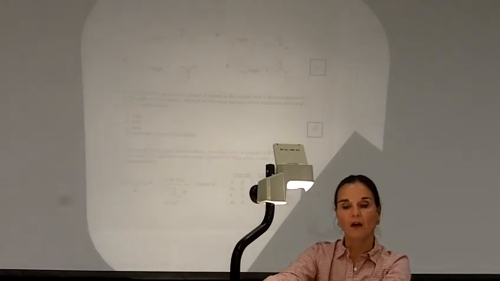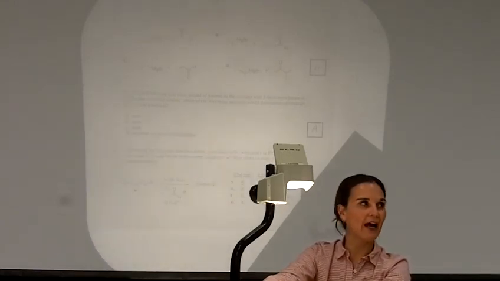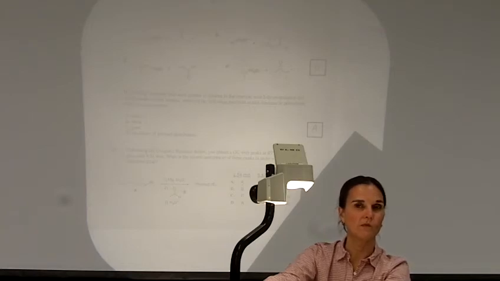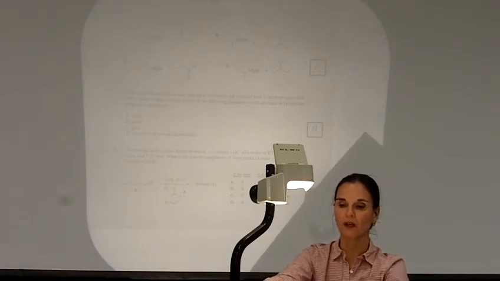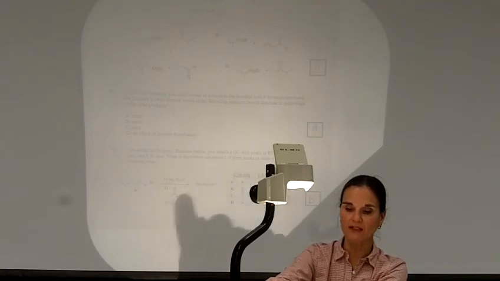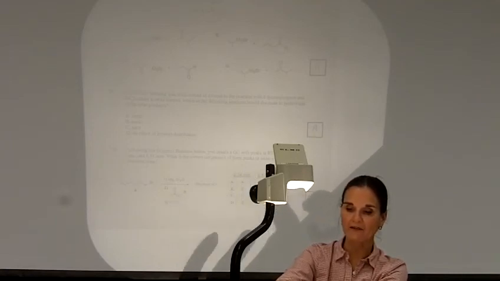Is an alkyl bromide or an aldehyde going to boil at a lower temperature? Alkyl bromide is going to boil at a higher temperature than the aldehyde, okay? So then at 2.54 minutes is B, 5.87 minutes is A, and 9.31 minutes is C. So the answer is B.